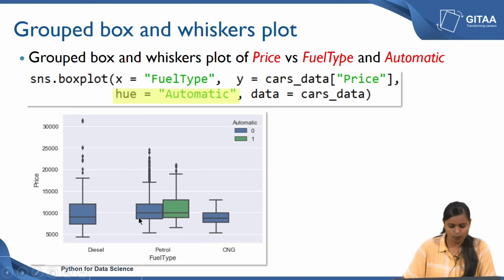Here, whenever the car's fuel type is petrol, the gearbox type can also be automatic, but there are no cars available with an automatic gearbox when the fuel type is either diesel or CNG. That is very evident from the plots that we have seen in the previous slides as well.